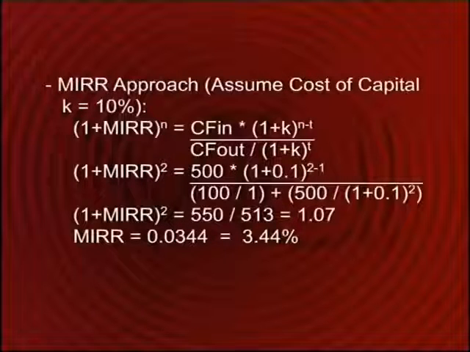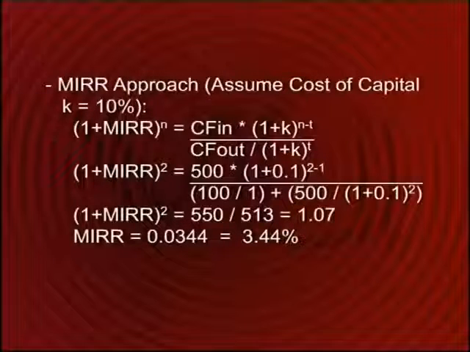1 plus MIRR raised to the power 2. Why 2? Because the life of this project is 2 years, is equal to the sum of the cash inflows multiplied by the compound factor. That is equal to 500 multiplied by 1.1 raised to the power 1.